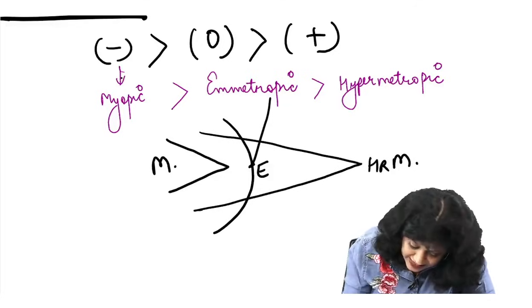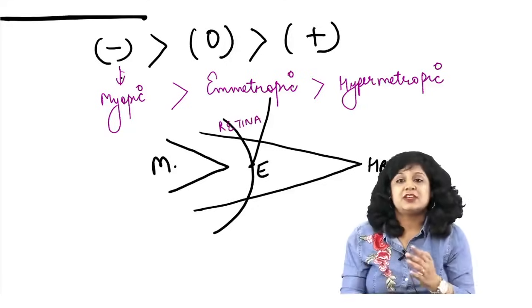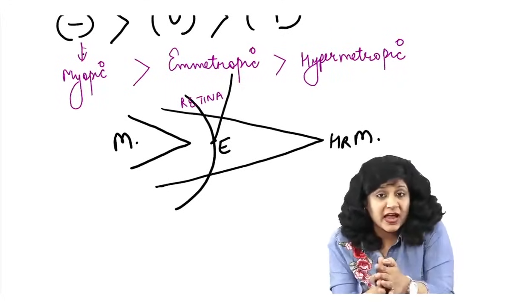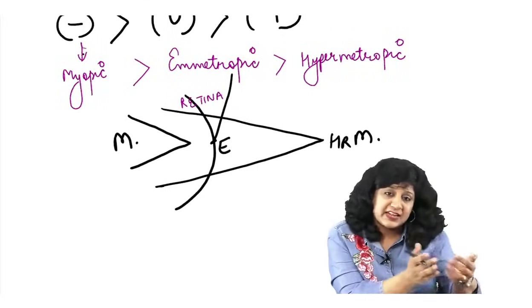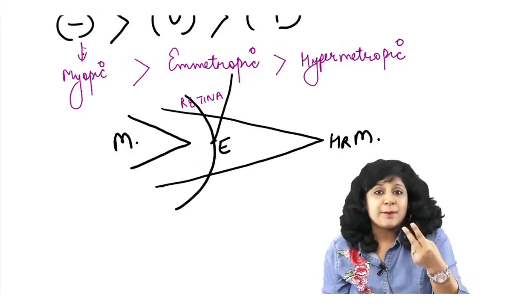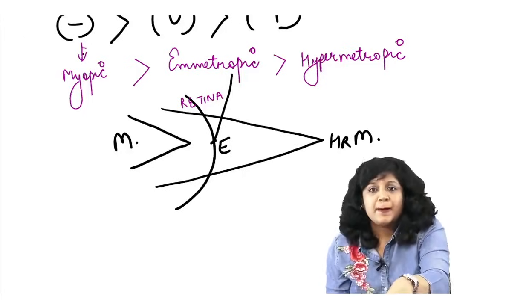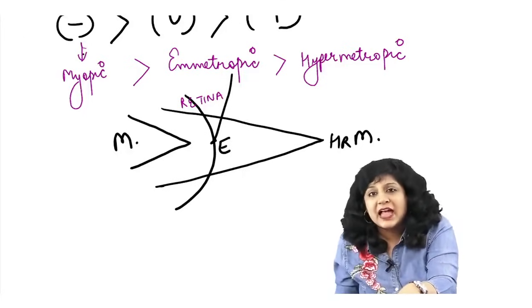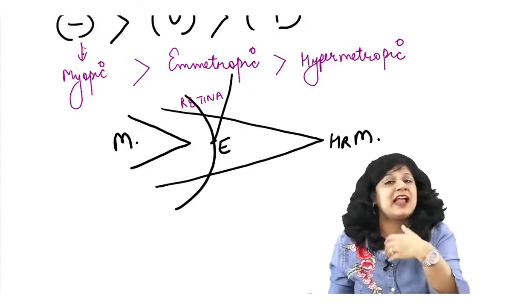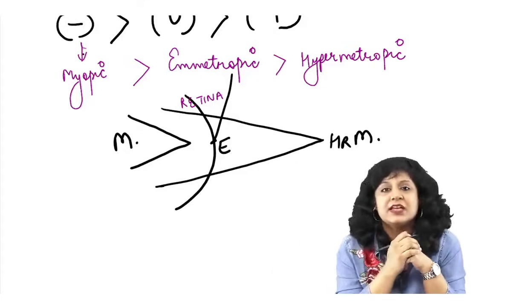So suppose this is the retina. The patient who has myopia has more power. That is why the rays are focused in front of the retina, while emmetropic has just enough power to focus on the retina, but the hypermetropia lags behind. He has less power, and that is why it is focusing much beyond the retina.